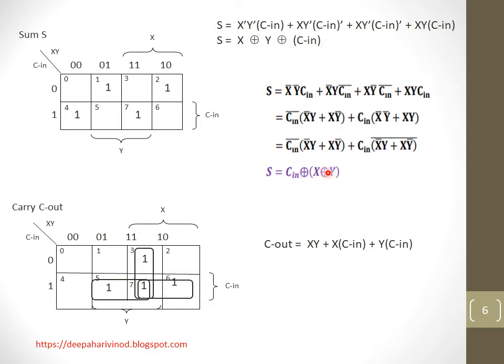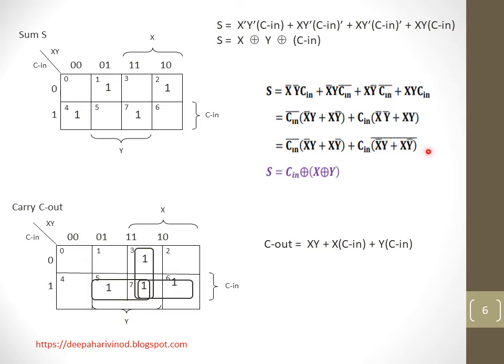By taking the common terms, here c in bar is common, so by taking c in bar as common, I can write this as x bar y plus x y bar. In the same way, in this term and this term c in is common, so taking c in as common, the remaining is x bar y bar plus x y. So again it is the a bar b plus a b bar format.